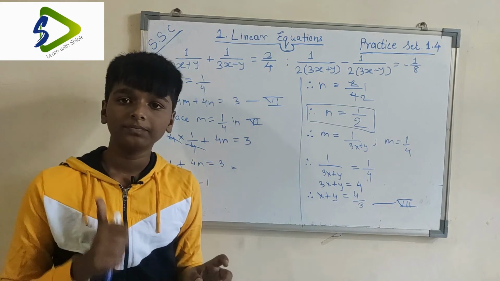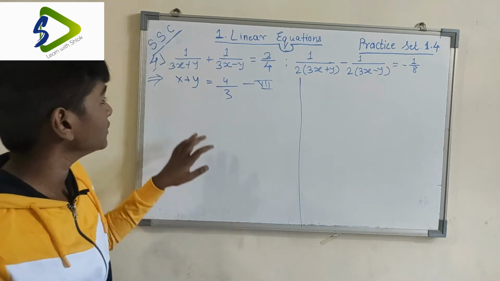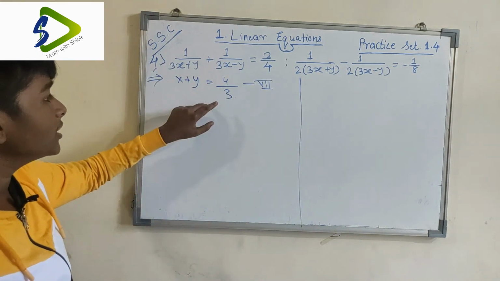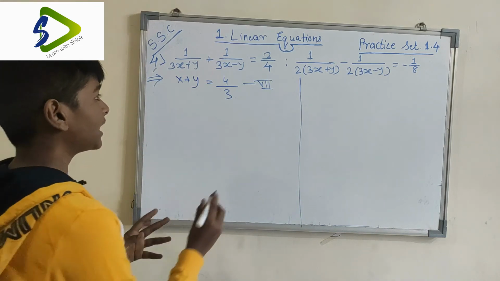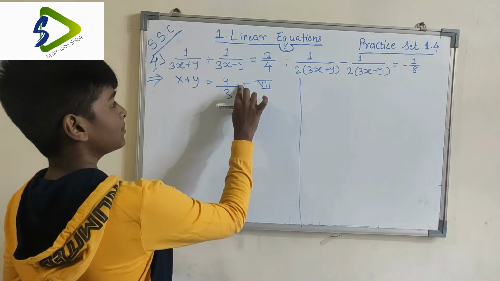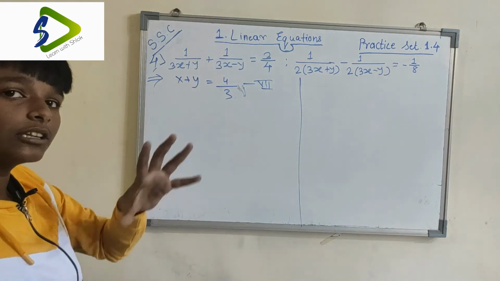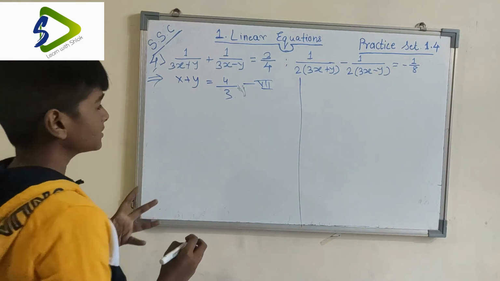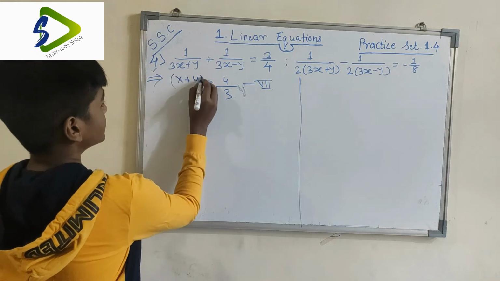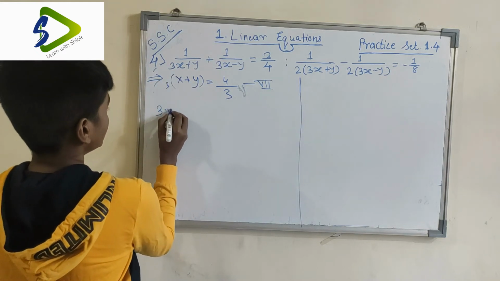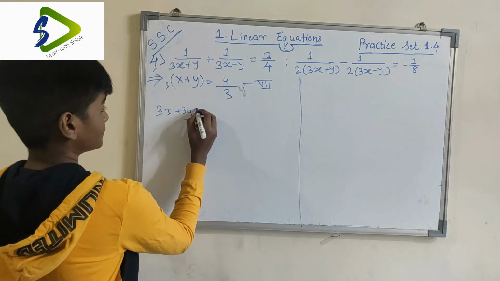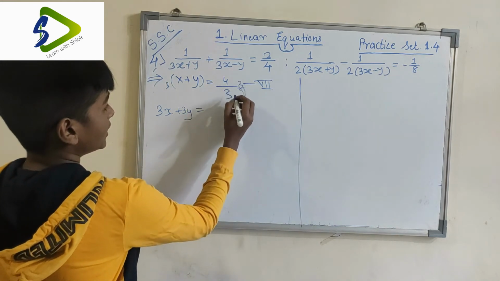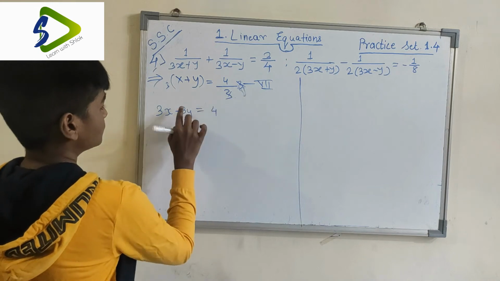So let's do that. Now that we got the 7th equation, here they have written it in fraction form. You can do it by the fraction form, but it's a little bit hard. So what we can do is multiply this by 3. We didn't have to take 3 to the other side. If you multiply this by 3, you get 3x plus 3y is equal to 3, and 3 gets divided, so you get 4.